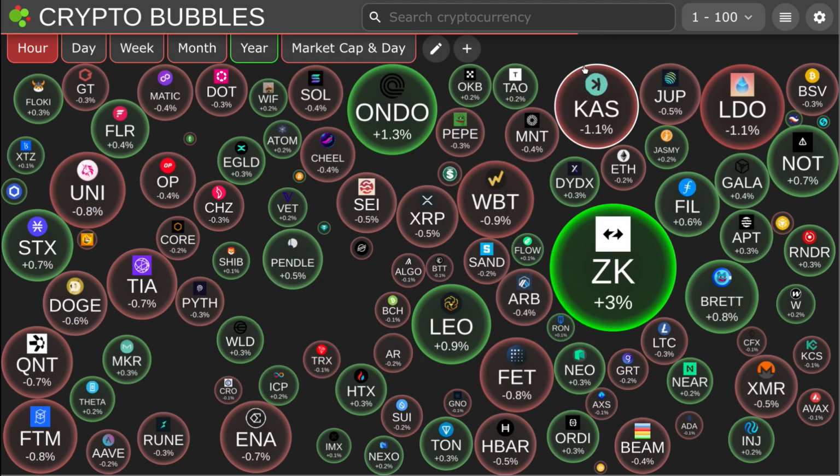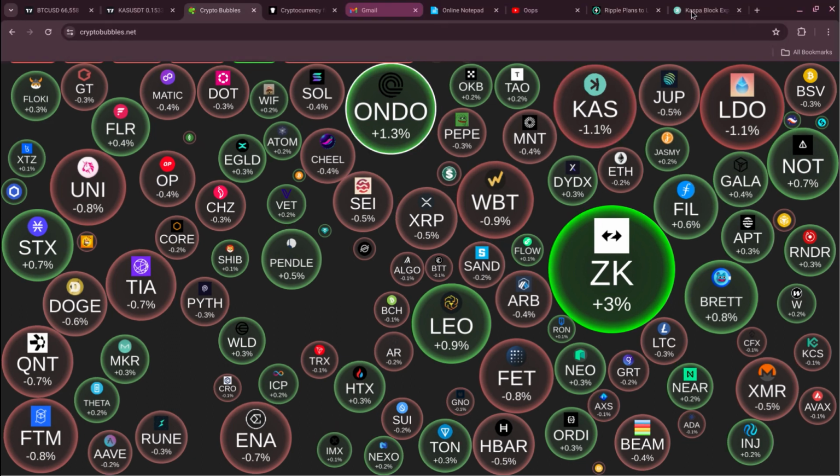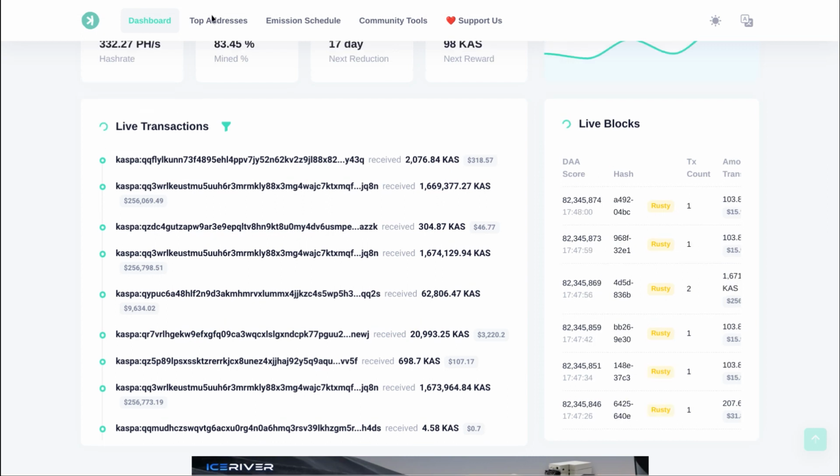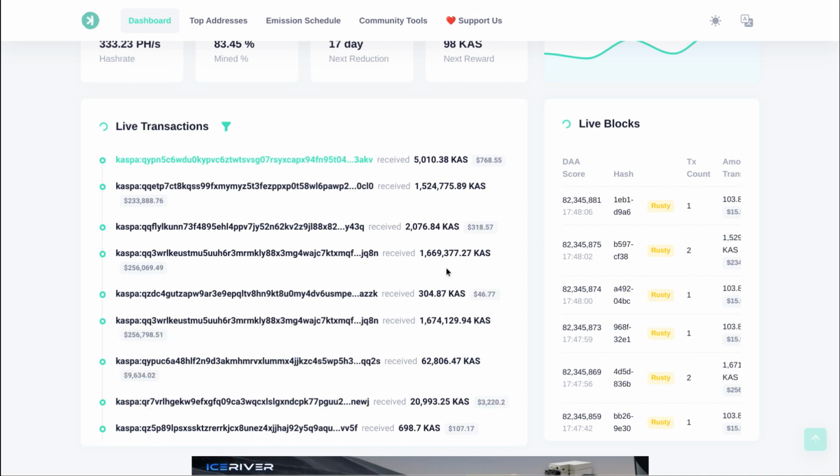Now check this article out, guys. This is awesome. Well, this is a block explorer. We will show it very, very quickly. The top addresses. See if there's any major changes here. Look at that 1.7 million Kaspa. $256,000. That was just happening as I'm making a video here that's live.